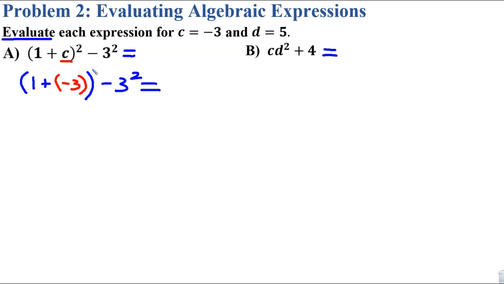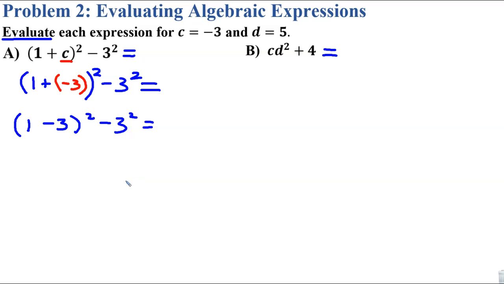Whoops, and I almost missed my squared here. We'll rewrite that. And then from there, I'm going to start simplifying. I'm going to show more work than I need to, but just trying to explain everything here. So what I have in parentheses here is really a 1 minus 3 squared minus 3 squared.